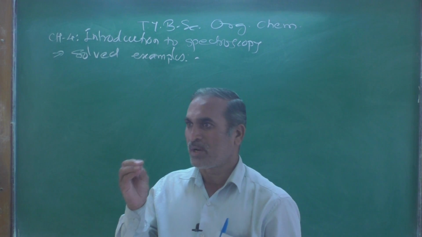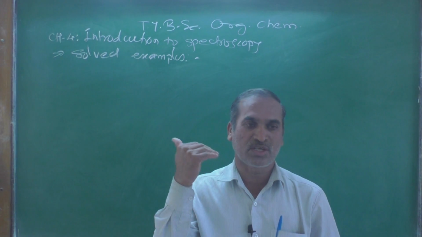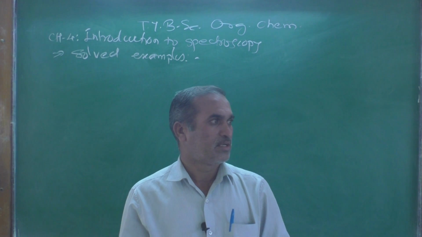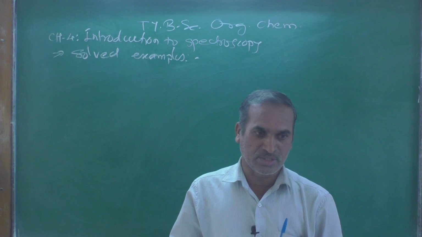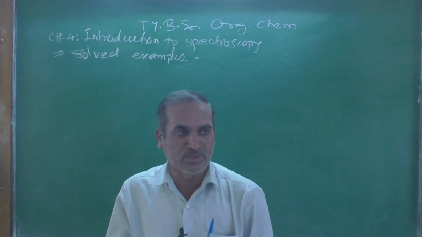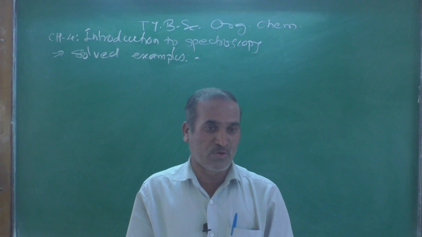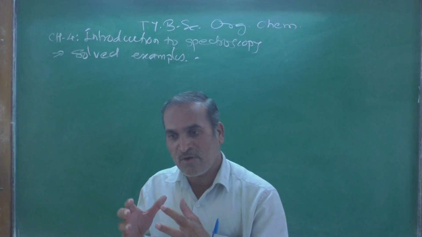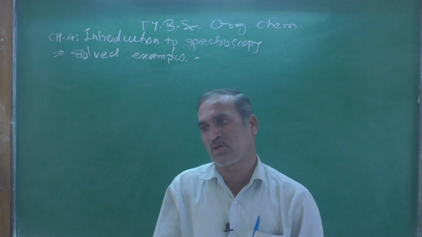it absorbs part of it and goes into an excited state, or higher energy state. What kind of radiation is absorbed depends upon the structural features of the organic compound, and therefore spectroscopy provides us a wealth of information regarding the structure of the organic compound.